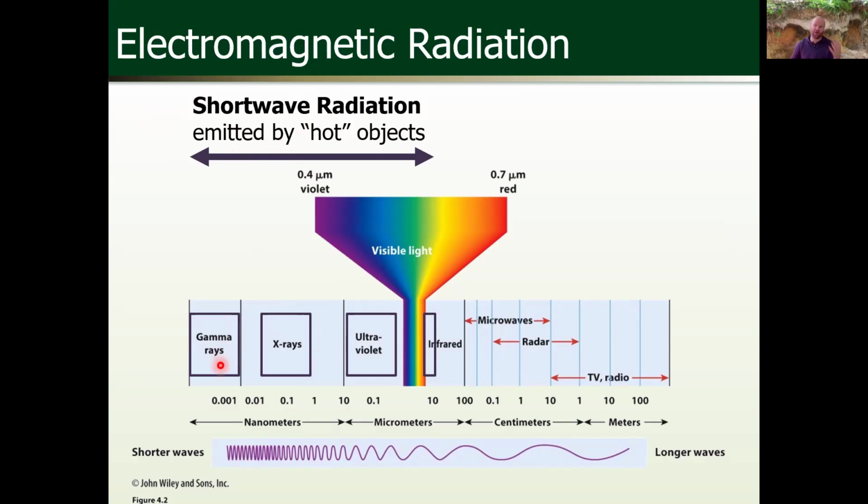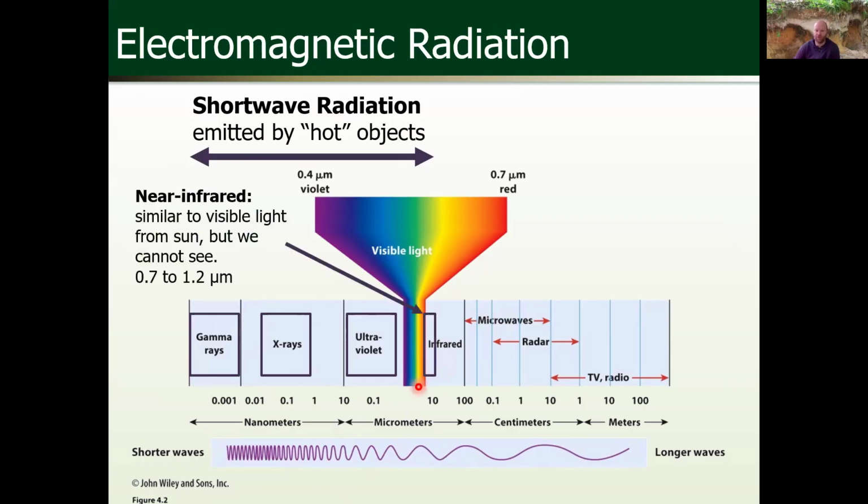Some of the major forms of shortwave radiation include gamma rays, like Godzilla, X-rays, and ultraviolet rays, which are just shorter in wavelength than visible light. Then visible light being emitted by a hot object. And then near infrared.